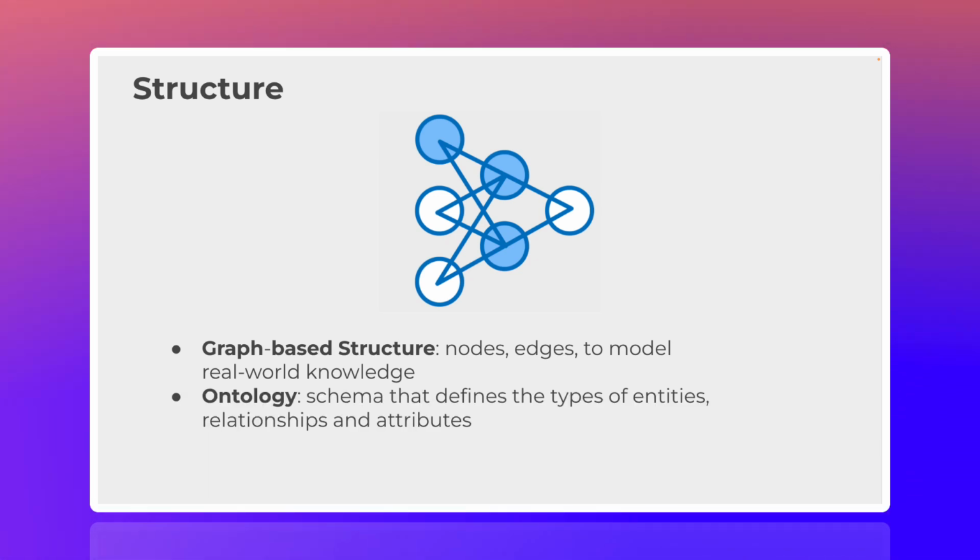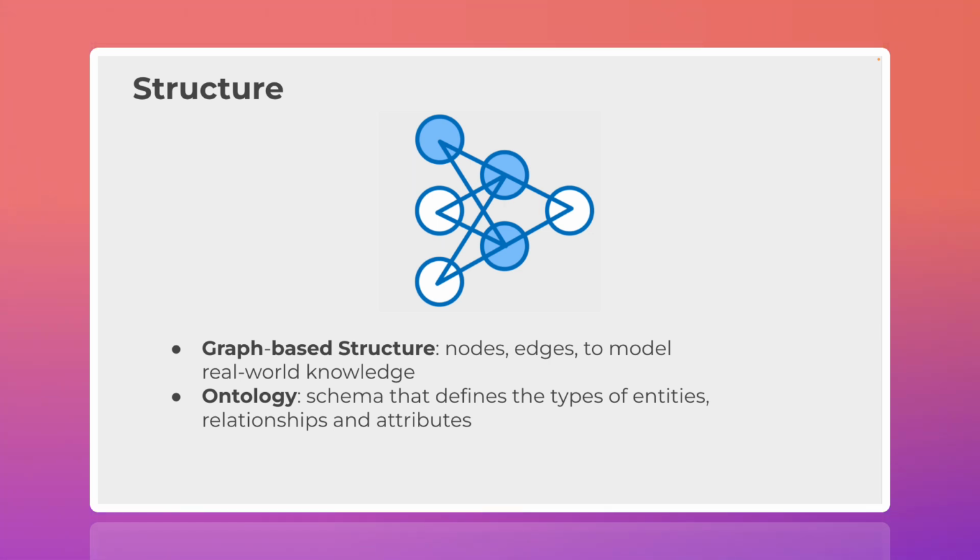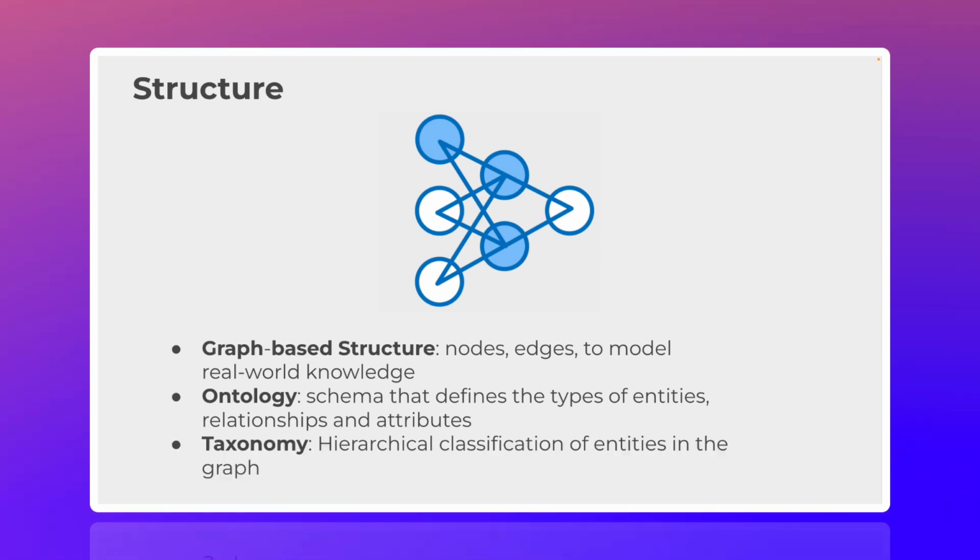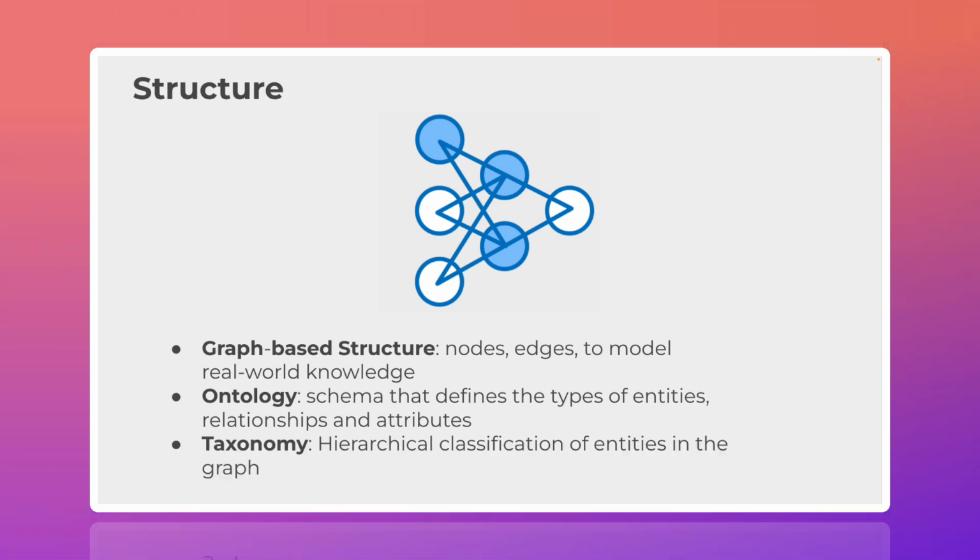Ontology is the schema, essentially the map that defines the types of entities, relationships, and attributes of our knowledge graph. And we also have what we call taxonomy. Taxonomy is the hierarchical classification of those entities that we have, all those nodes and relationships and everything.